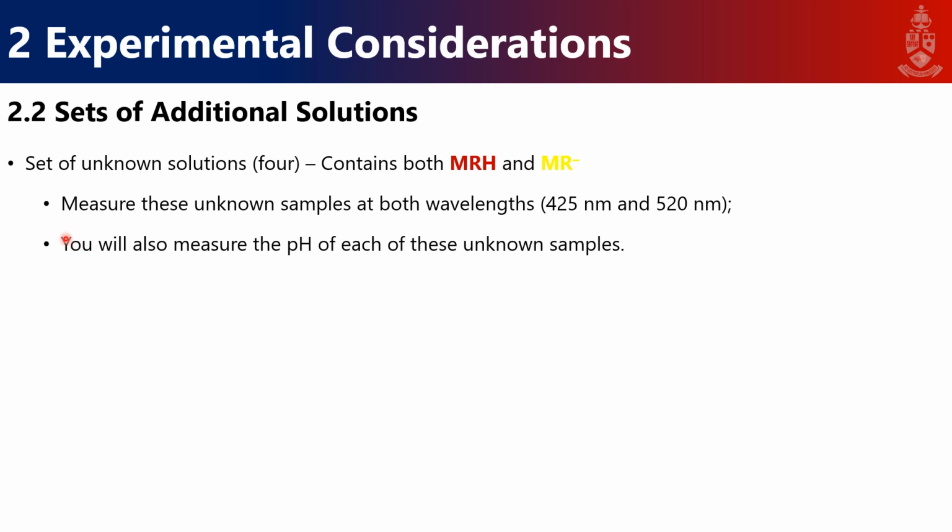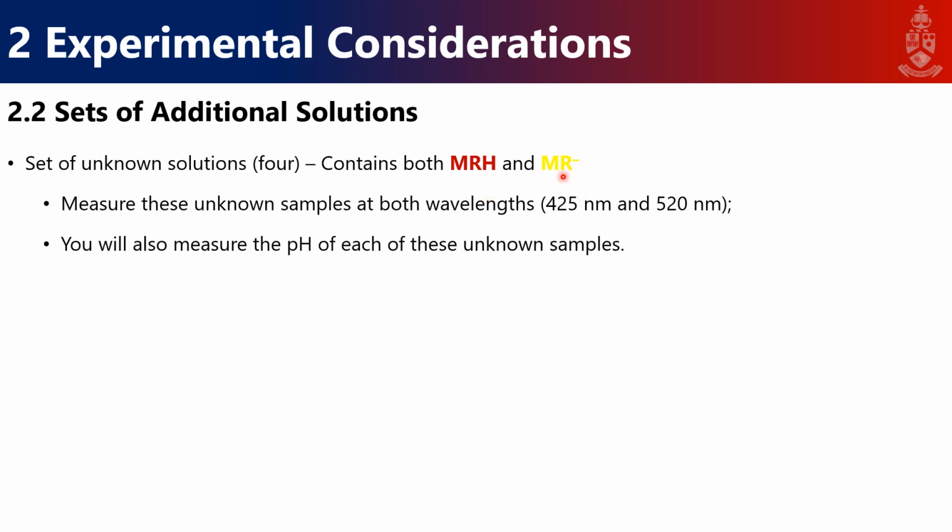After you have made up all those solutions, you're going to make 4 unknown solutions. In other words, where we are not quite sure whether we have MRH or MR, and in what ratio we have both of them. Because remember, in the previous ones, we strongly dictated acidic or basic.